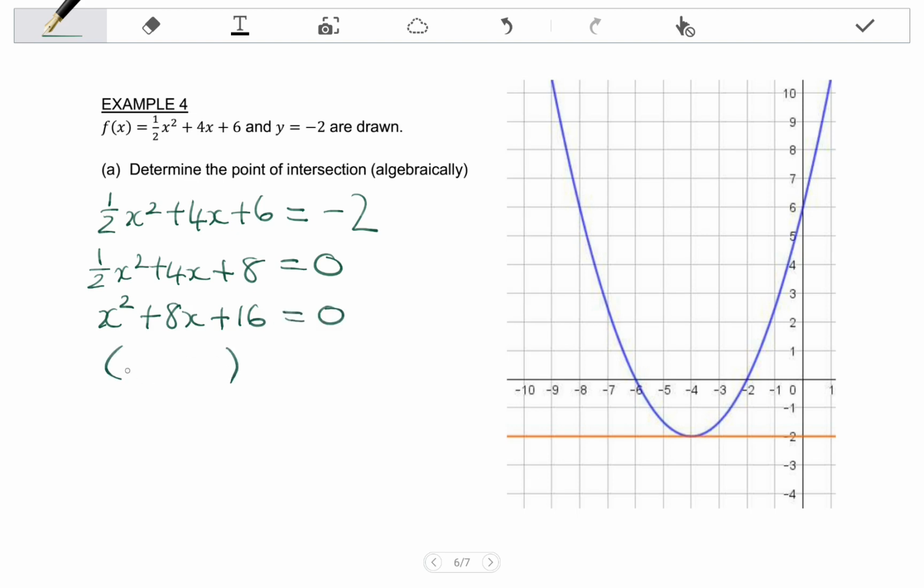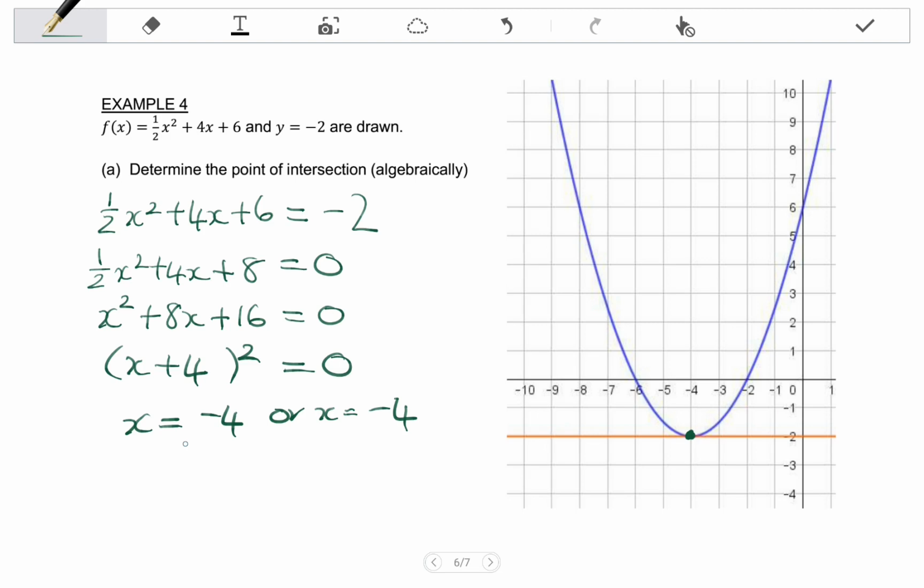This factorizes neatly as x plus 4 times x plus 4, so that's x plus 4 squared equals 0. I make each factor equal to 0, and I get x equals negative 4 or x equals negative 4. This is a nice example of having two equal solutions, and on the graph we see that equates to just one point of intersection.